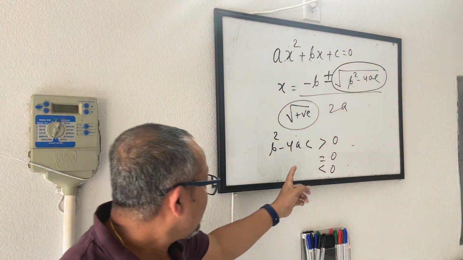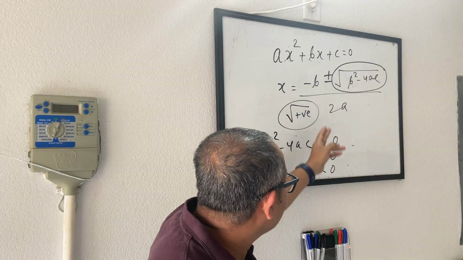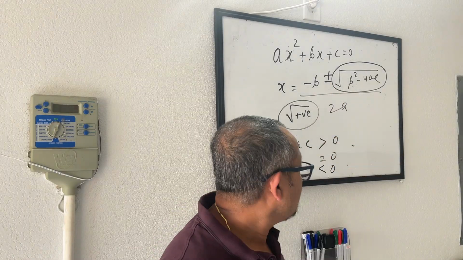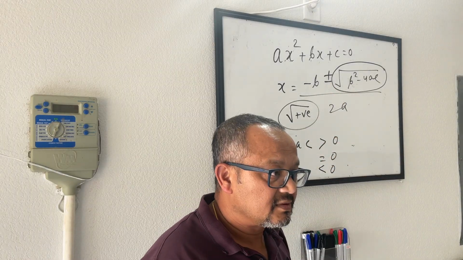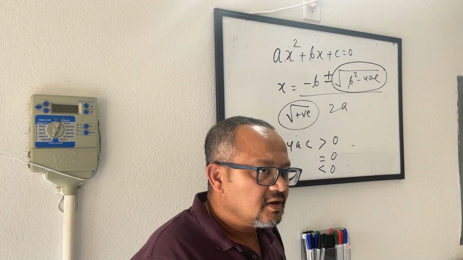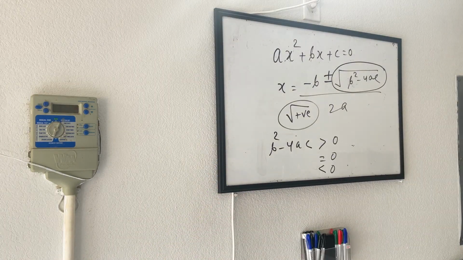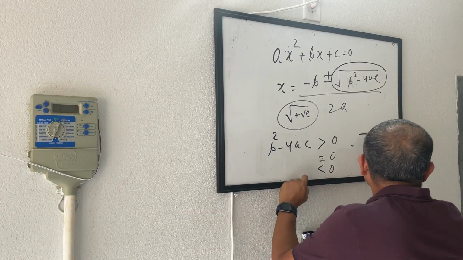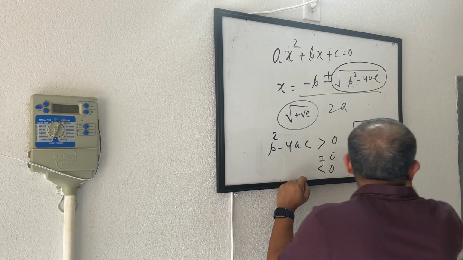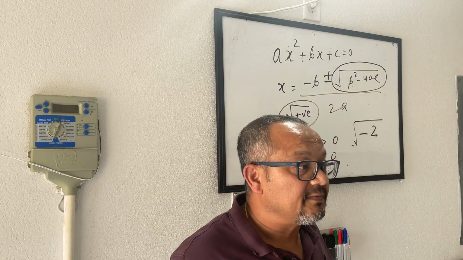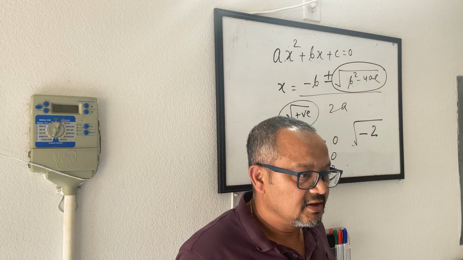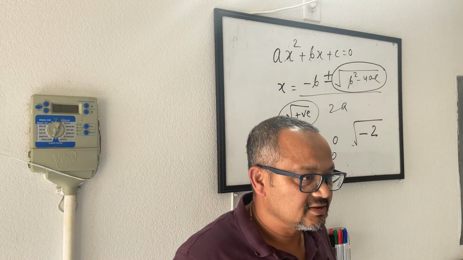Now, when this value is greater than 0, we are talking about two solutions. What happens when it's negative? For the sake of simplicity, we will say the square root of a negative, let's say minus 2, is not a practically feasible solution. It's not a realistic solution.